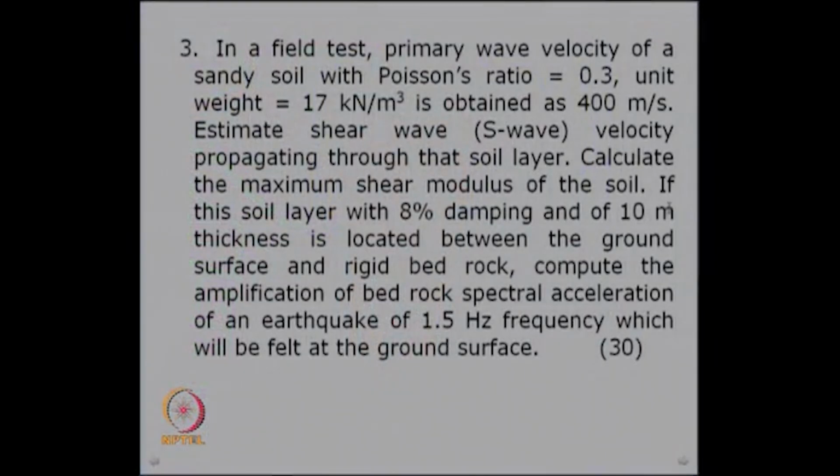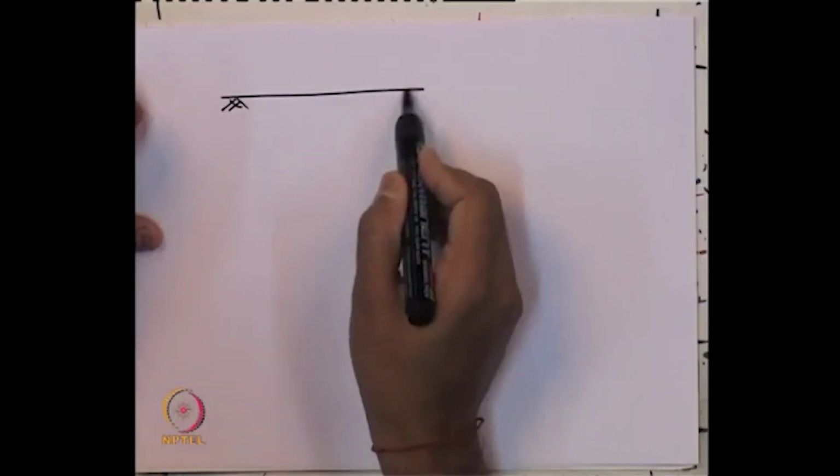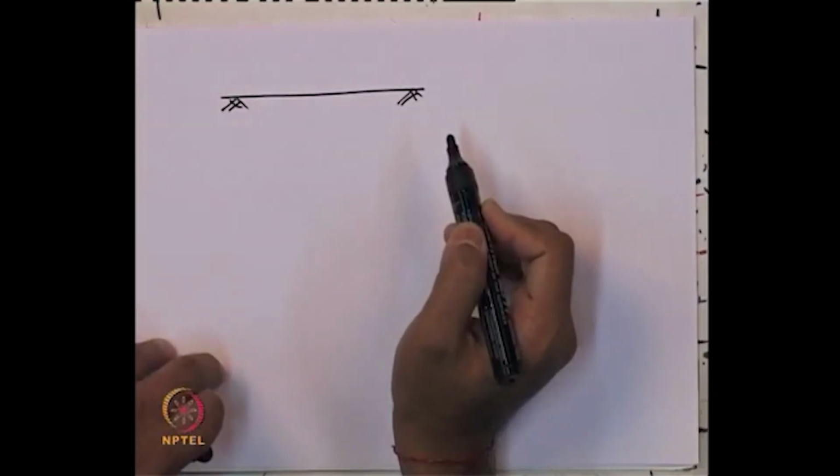which is related to the amplification, soil amplification using the transfer function. So, it says if the soil layer with 8% damping and of 10 meter thickness. So, let us first draw the situation. This is the ground surface.